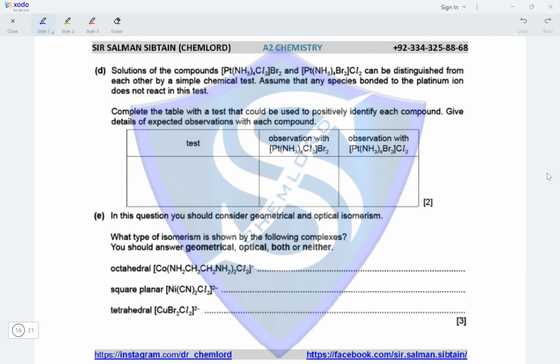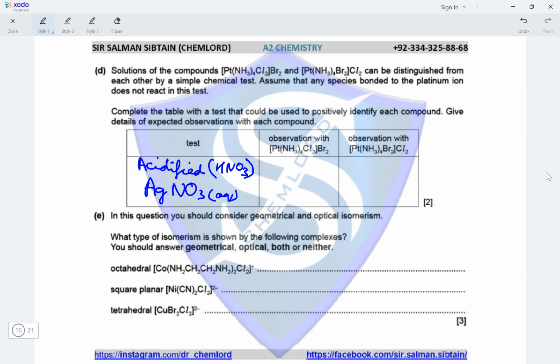So the test that we can perform is we can add acidified AgNO3 aqueous, and we acidify it with HNO3 so that the anion remains the same.